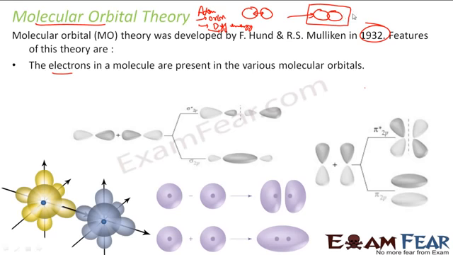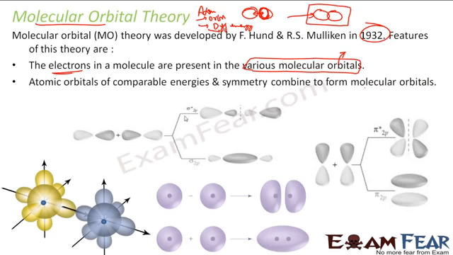When you fill electrons in these molecular orbitals, it is based on similar principles. So the shift here is that instead of considering molecules as two different atoms, it considers molecules as molecules. The electrons in the molecules are present in various molecular orbitals, because I'm talking about the molecule as one entity, and the orbitals in the molecule are called molecular orbitals.